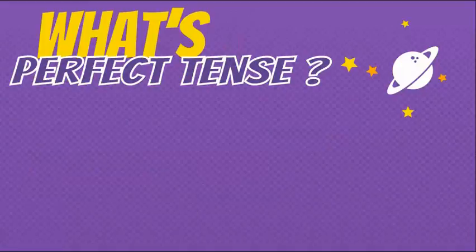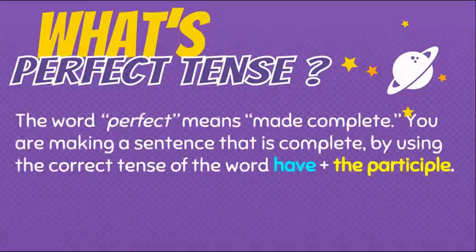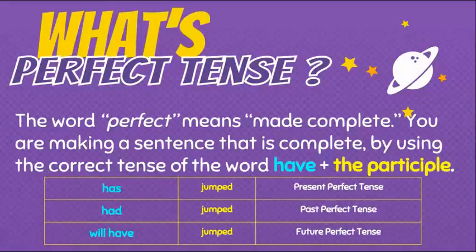What's perfect tense? The word perfect actually means made complete. So what you're making is a sentence that is complete by using the correct tense of the word have plus the participle. So your job today is to make a sentence using the word have and adding a participle, which is just the verb.